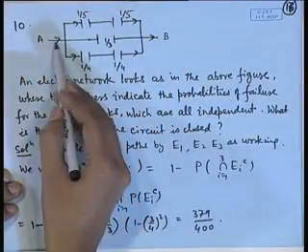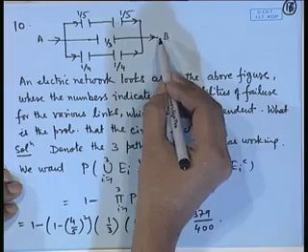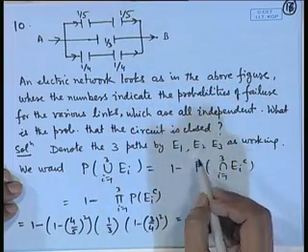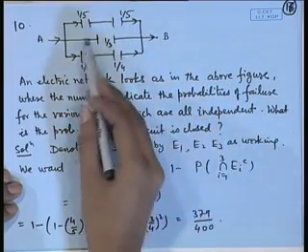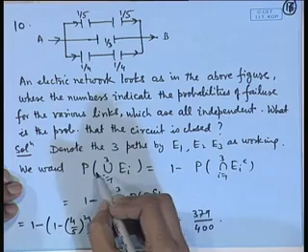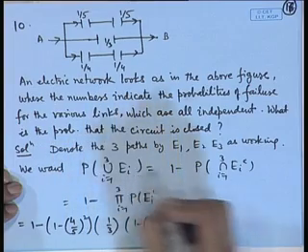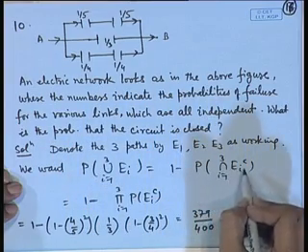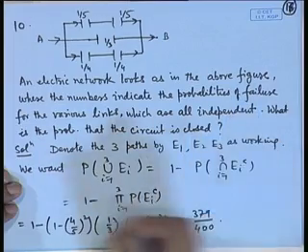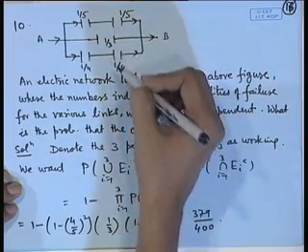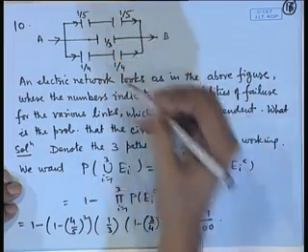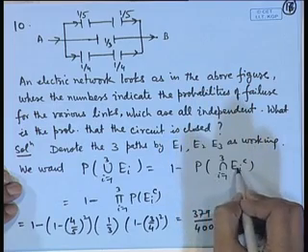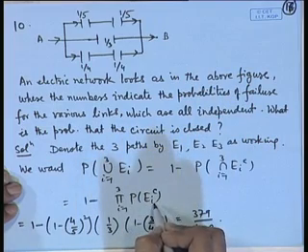What is the probability that the current is actually flowing from A to B? So, if we denote the 3 paths by E1, E2, E3, then it is probability of union of Ei, which is equal to 1 minus probability of intersection Ei complement. Now, here each circuit is working independently, each path is working independently, therefore, probability of intersection becomes product of the probabilities.